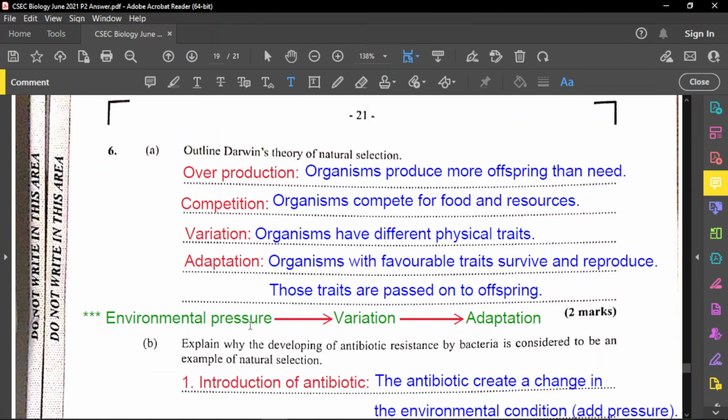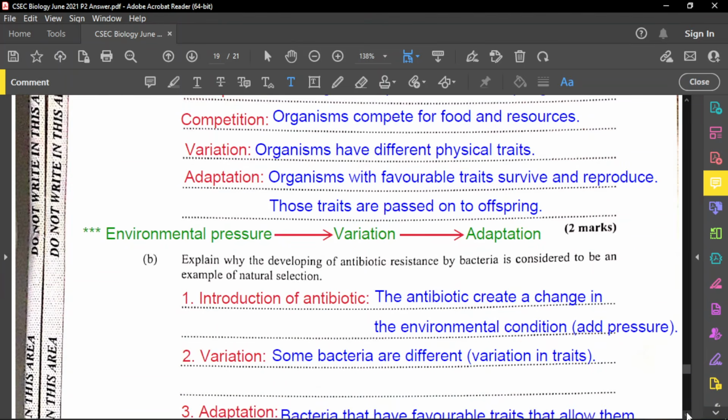You have an environmental pressure, so any changes within the environment, and then because of the changes within the environment, due to differences among the organisms or variation, that will lead to adaptation, which means the fittest trait will survive and be able to pass on. All right, so either of the two will be good for you to earn that nice 2 marks. I just gave explanation for it. It didn't ask me to explain, just to outline it, but of course you can outline with explanation. There's no problem doing that.